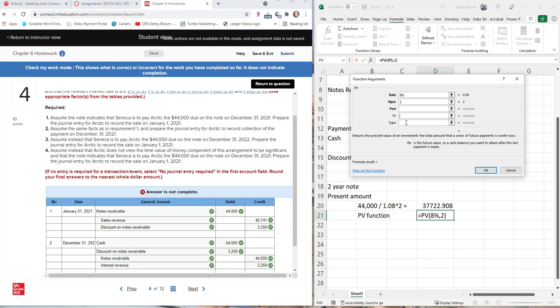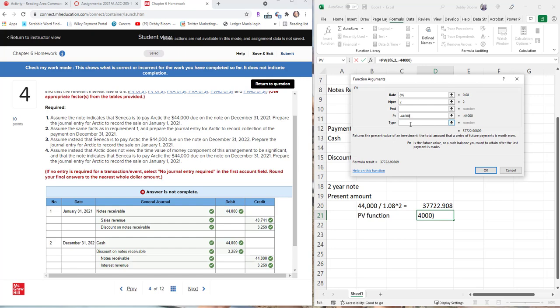And now in the FV, I'm going to skip over the PMT, because we're not getting 44,000 each year. We're only getting one payment of 44,000. And again, in Excel, if I want the answer to come out positive, I have to put in a negative number. I'll explain that in the computer lab, but it's basically Excel thinks in cash flows. So if I borrow today $37,723, then in the future I will owe 44,000.